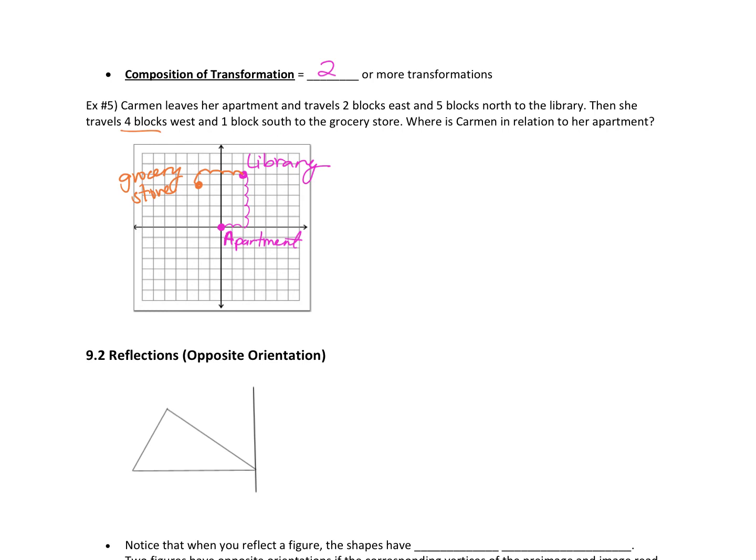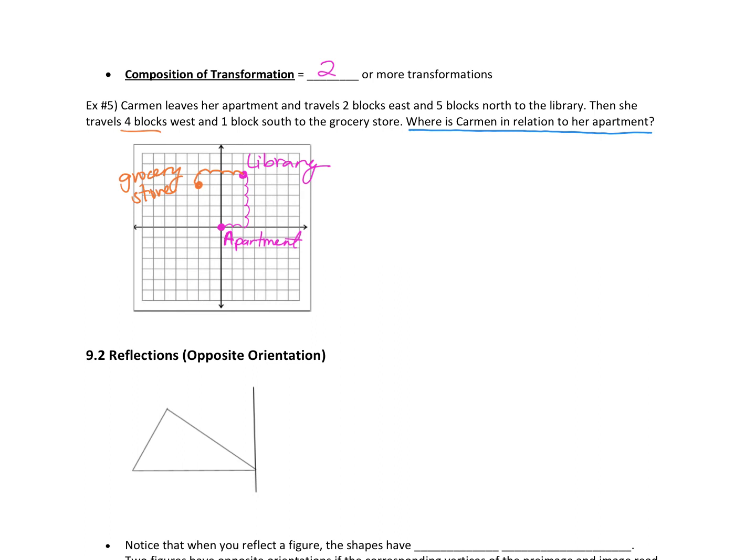The question is, and this one always throws people for a little bit of a loop, think about what this is asking. Where is Carmen in relation to her apartment? So where is she now at the grocery store in comparison to where she was at her apartment?